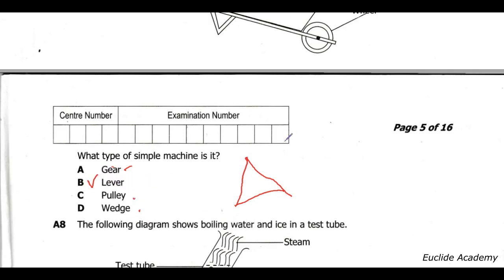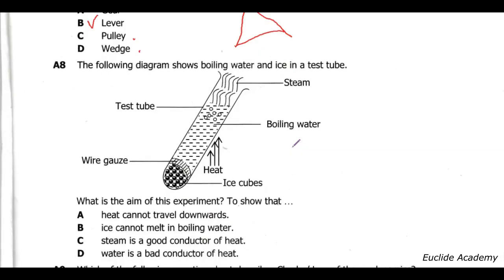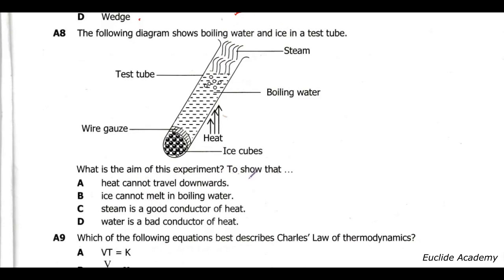The following diagram shows boiling water and ice in a test tube. So you've got steam, you've got boiling water, you've got a test tube, and wire gauze and heat there, and ice cubes there. What is the aim of this experiment? To show that heat can travel downwards, ice can melt in boiling water, steam is a good conductor of heat, or water is a bad conductor of heat.